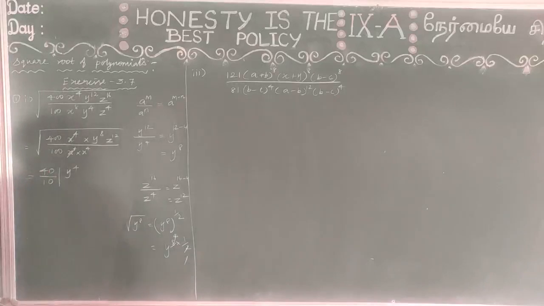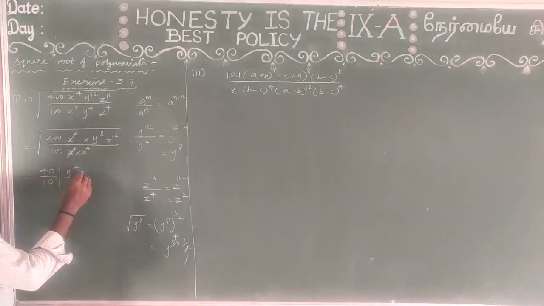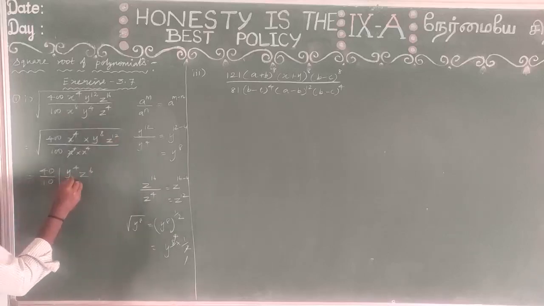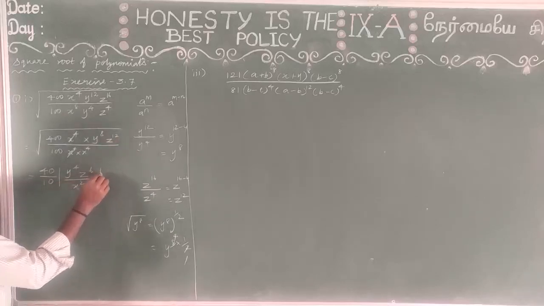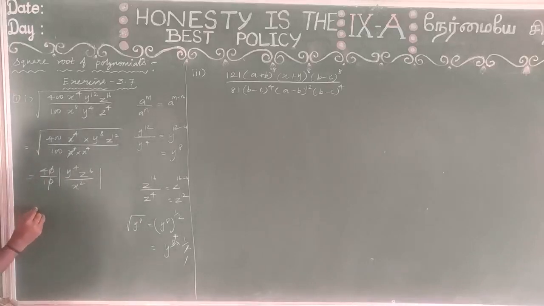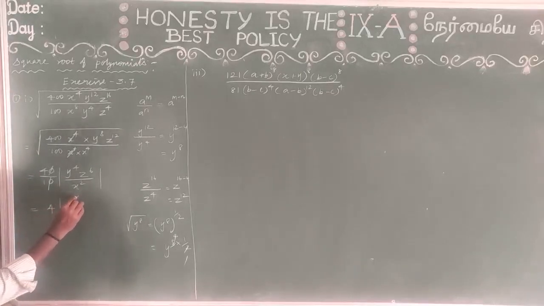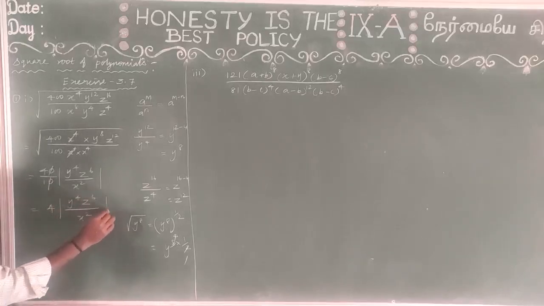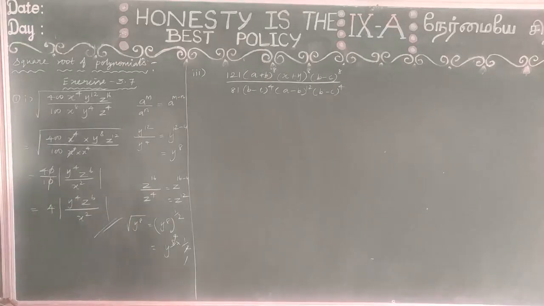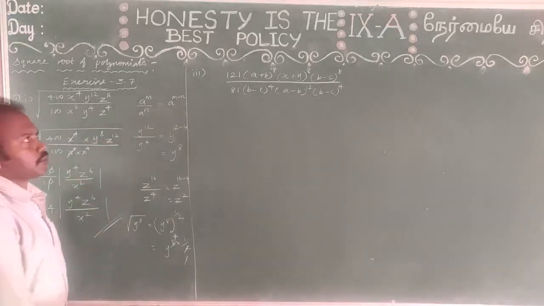That is equal to y to the power 4. Also z to the power 6 divided by x squared. Right. Zeros cancel. That is equal to 4 into 4 modulus y to the power 4 z to the power 6 divided by x squared. That's all.